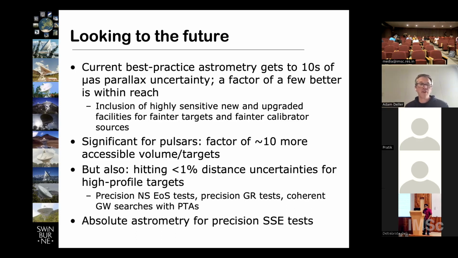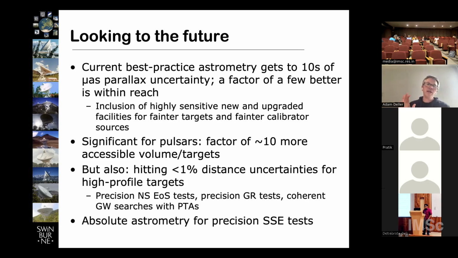But I think the thing that I'm more excited about is going after that handful of really high profile sources, whether that's the double pulsar or some newly discovered highly relativistic double neutron star system, or the most extreme binding energy ratio tight pulsar white dwarf binary for doing dipolar gravitational wave tests or whatever.